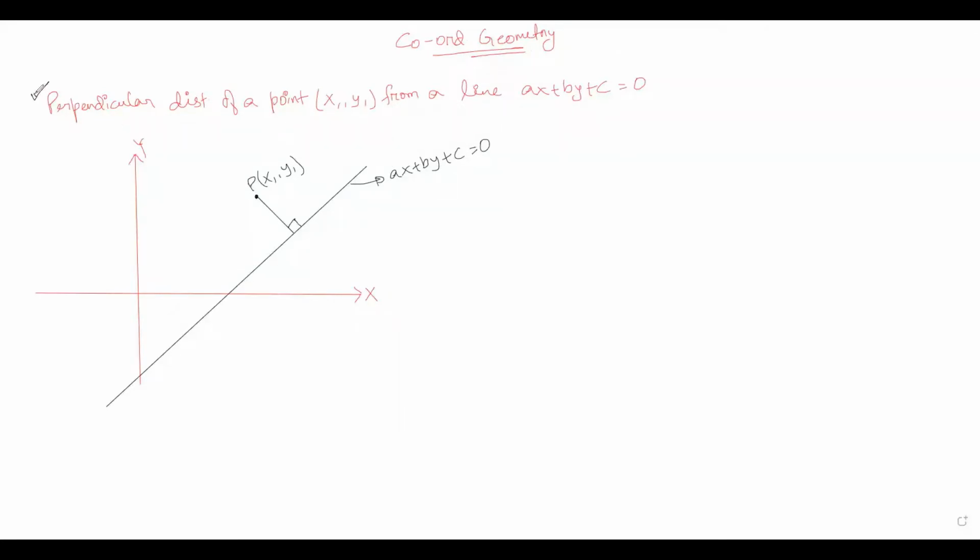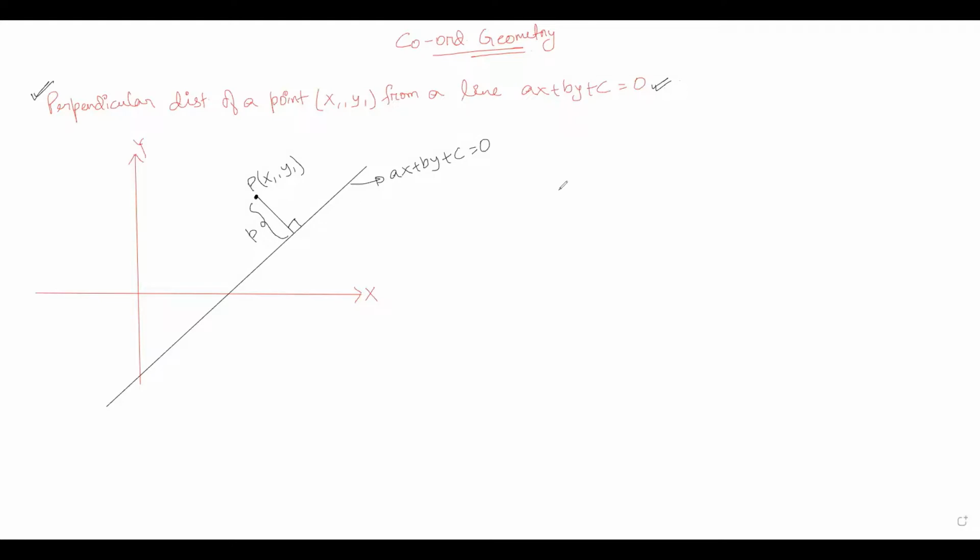Now, let us see the perpendicular distance of a point x1, y1 from a line ax plus by plus c equal to 0. Suppose I have a line ax plus by plus c equals to 0 and there is a point P whose coordinate is say x1, y1, and say the perpendicular distance from the point P to this line is say small p.